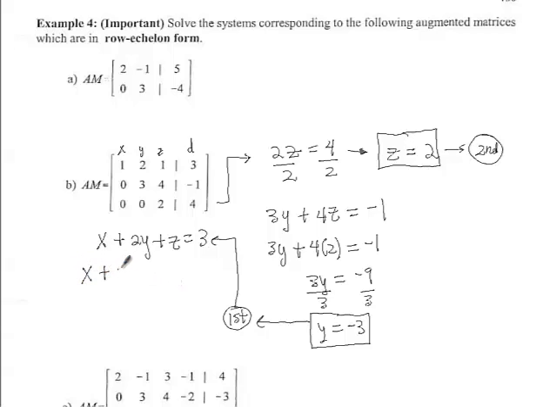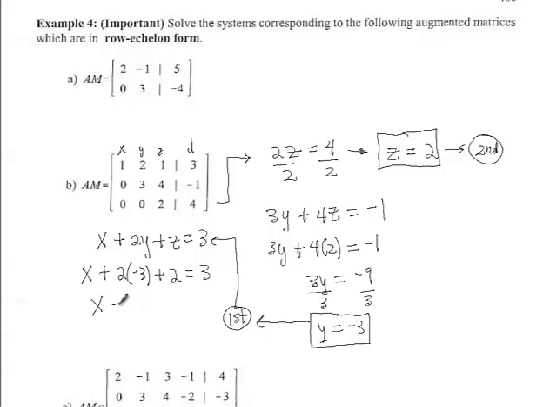Substituting our values of y and z into the equation would give us 2 times 2, and oh, hold on, my y is actually a negative 3, and then my z is the 2. So here we have an equation with x being the only variable.